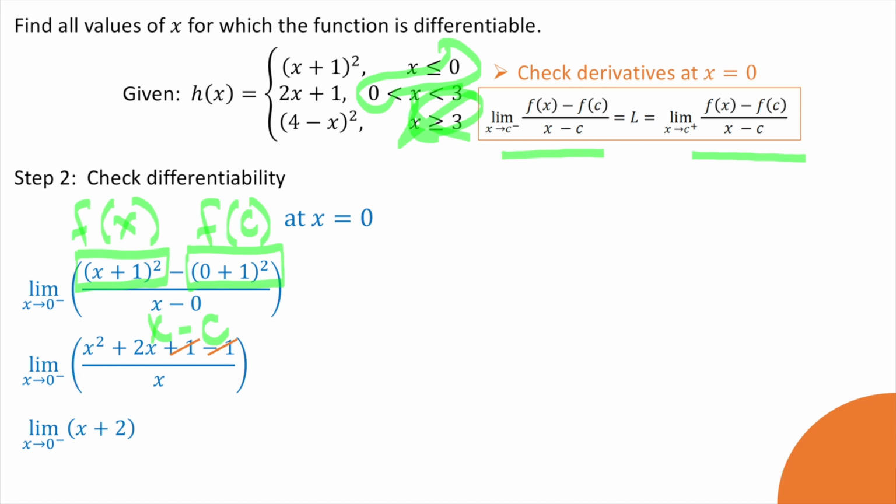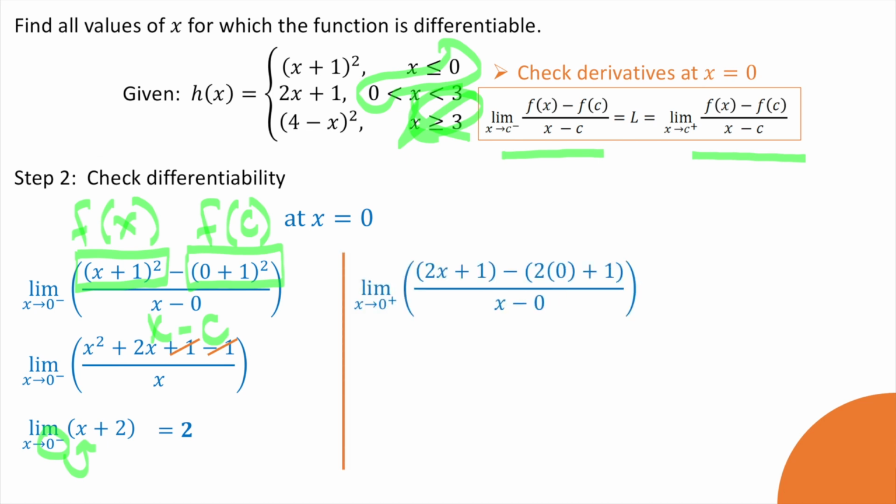Now, as x approaches 0 from the left, we can just plug in 0 for x. And then you get the limit as x approaches 0 of 2. It's just 2. Now we have to check our other function, 2x plus 1. So again, we have f of x minus f of c, f of 0, all over x minus c.